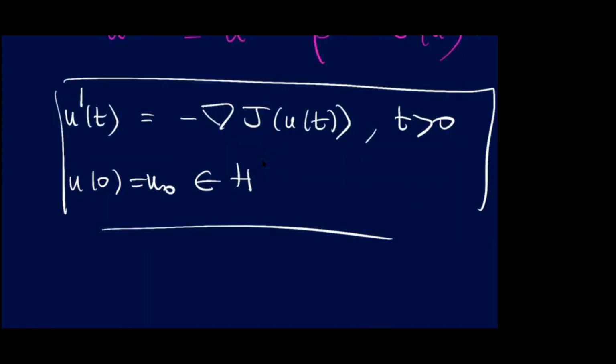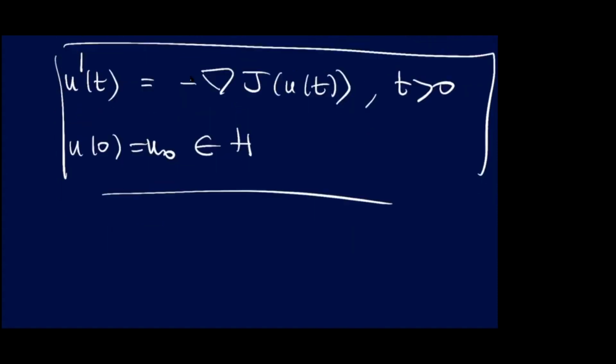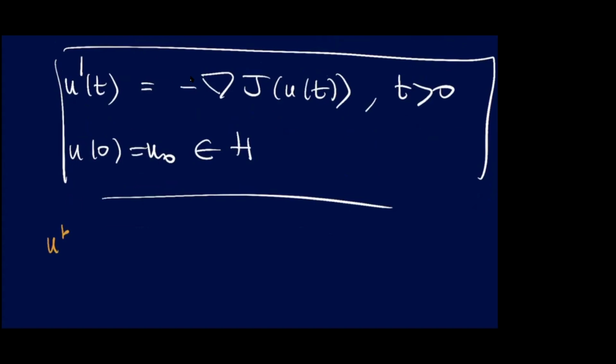Assume you were a dynamical system person, dealing with such a system motivated by some application, whatever, meteorology, fluids, particles. You have to solve this. How do you do it numerically? Well, the simplest way will be to take a time discretization. So I will say that u_{k+1} minus u_k divided by delta t will be minus the gradient of J, right?